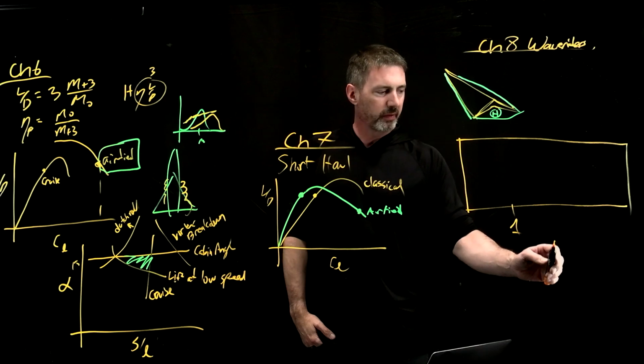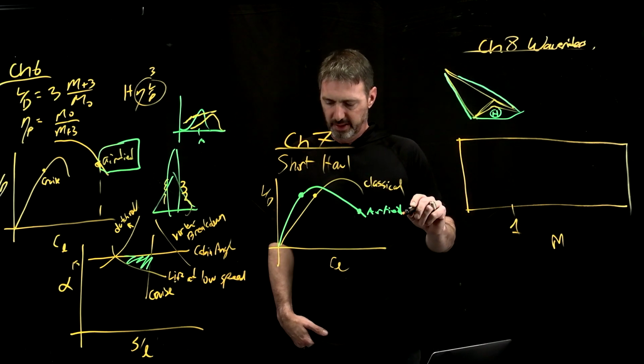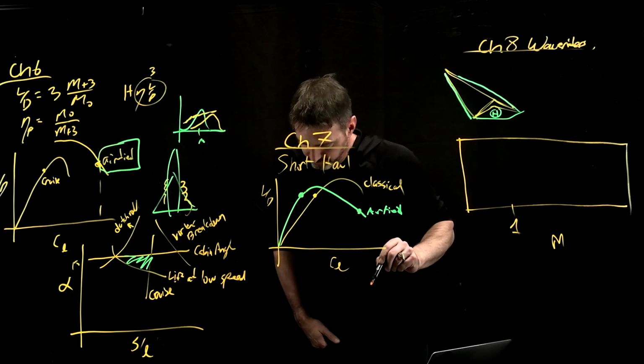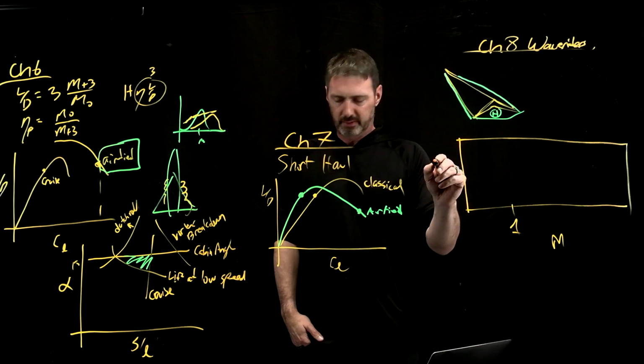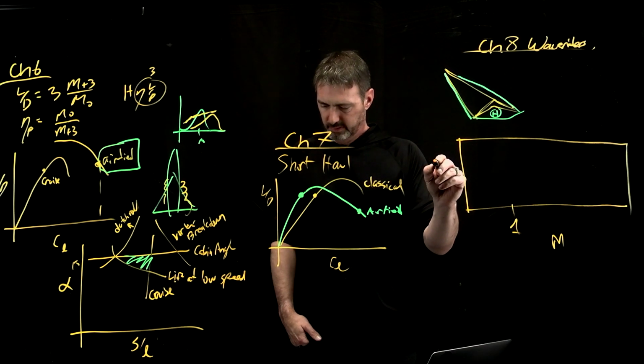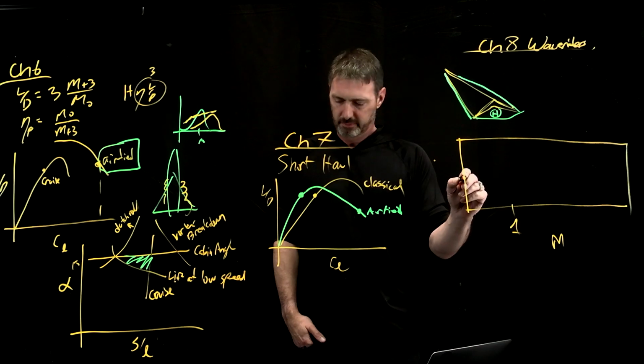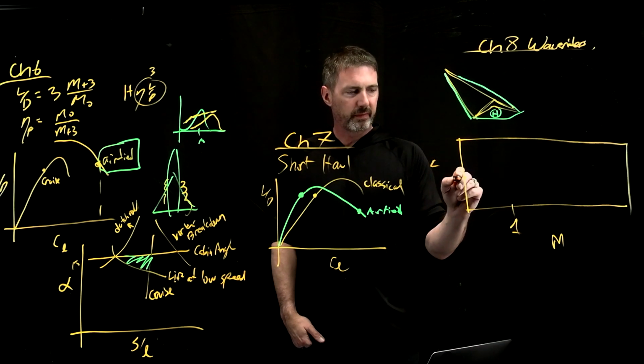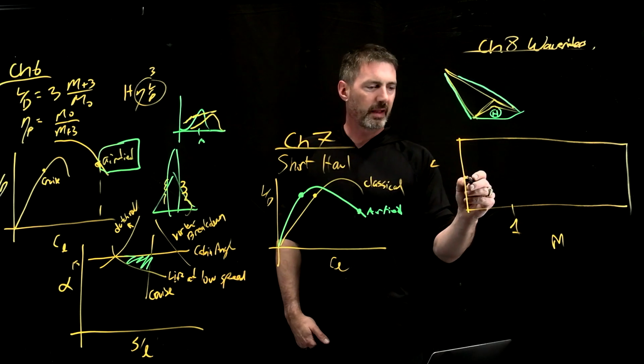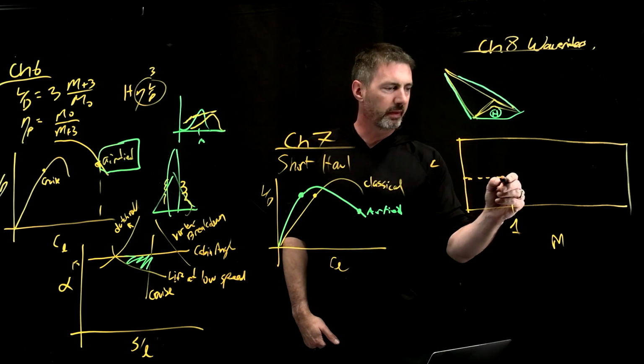So on the bottom here, this will be Mach number. And then, I forget, I didn't write down the axis. This is somehow lift. You better look at the book. I forget the actual axis, but I know the punchline.